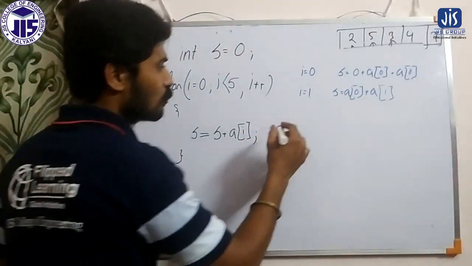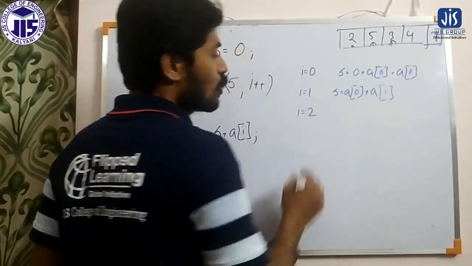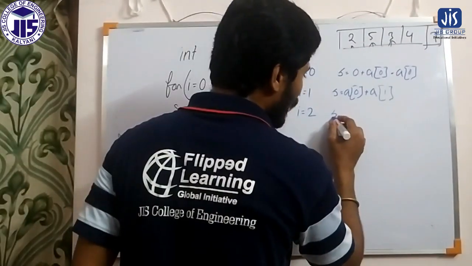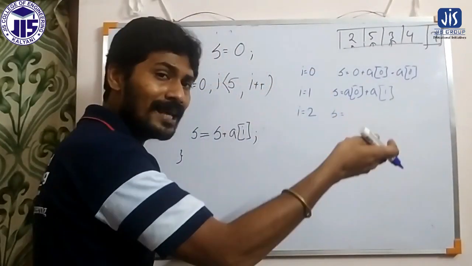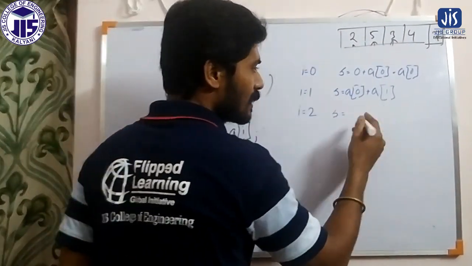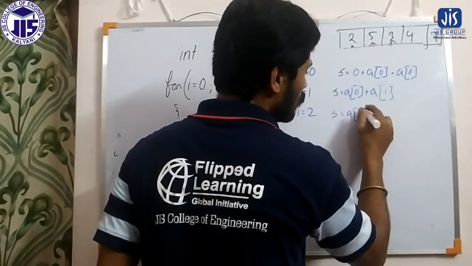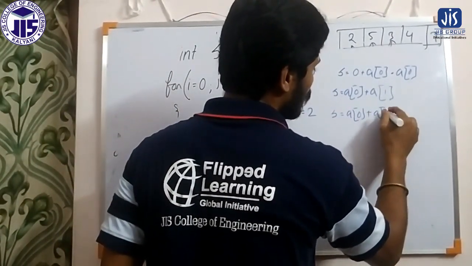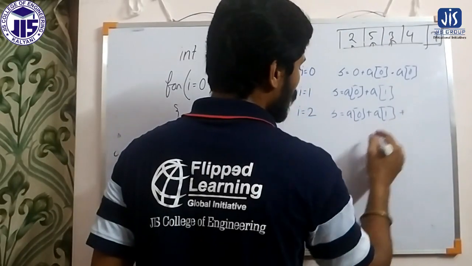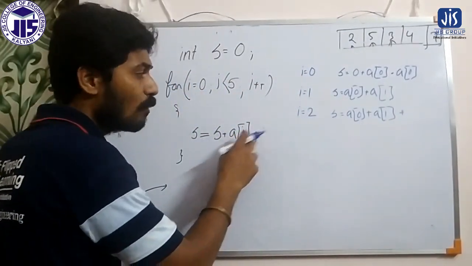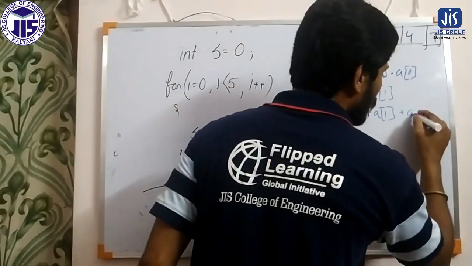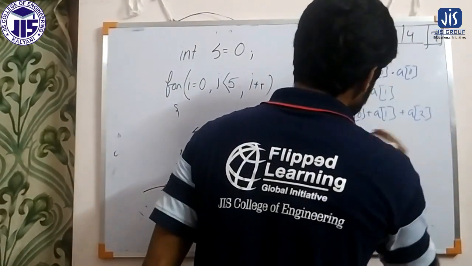Again come to the next iteration, that is i equals 2. When i equals 2, s equals the previous s plus a[i]. The previous s is a0 plus a1, plus a[i], and the value of i now is 2, so it will be a2.